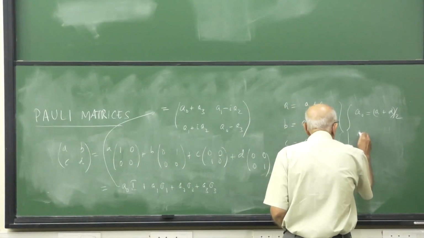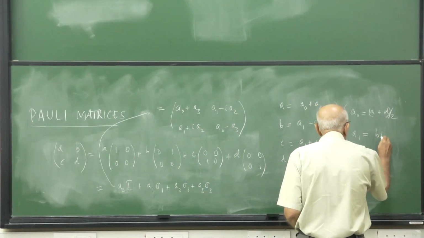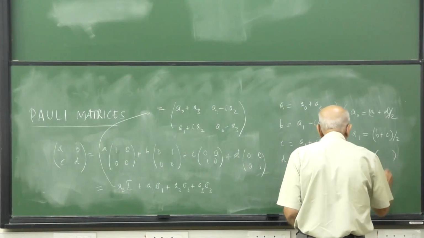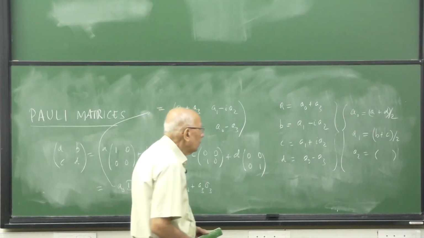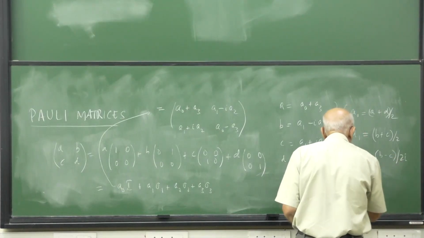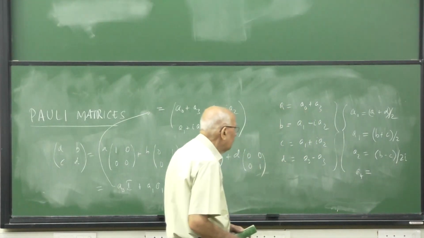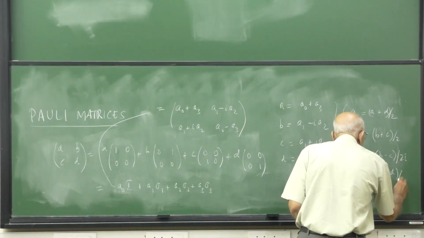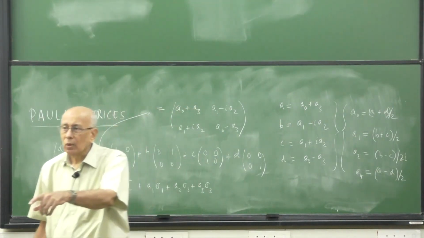What is A1? So if you give me A, B, C, D, I tell you A0, A1, A2, A3.